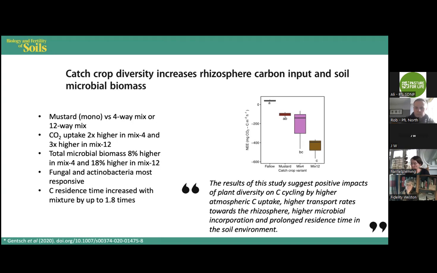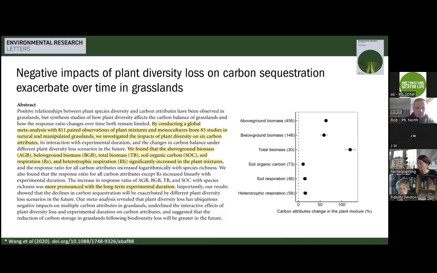So in a way, it comes back to this as a key first step when we talk about the benefits of diversity. It's really about their ability to acquire more CO2, therefore acquire more food, more energy, to then drive changes below ground in the system. So that's a key kind of advantage.